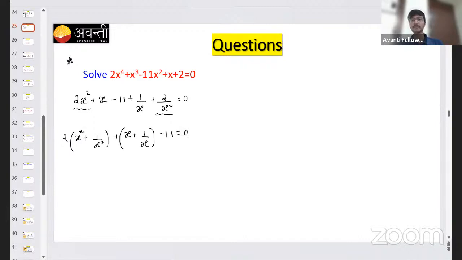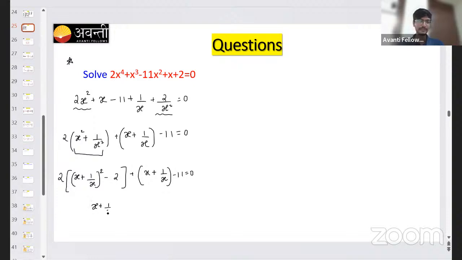Now, x square plus 1 by x square, by using algebraic identities, I can write as x plus 1 by x the whole square minus 2, plus x plus 1 by x minus 11 equals 0. Now you can see the substitution we are going to use.